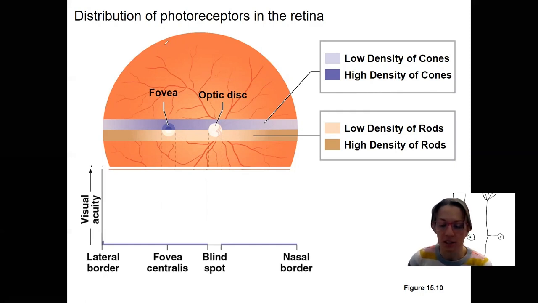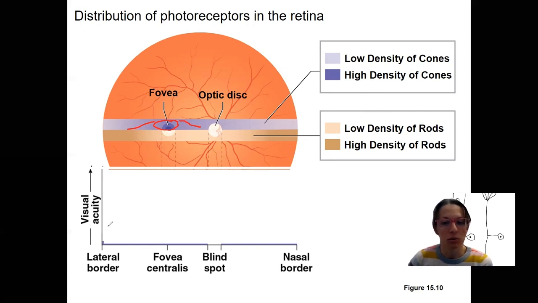I've told you this verbally, but this is a nice way to visualize it. So for cones, we've got a high density right here in the fovea, and then it kind of peters out as we go away from that central. It's not literally the center in the eye, but it's called a fovea centralis because it is where the center of your eye is in terms of light coming in.